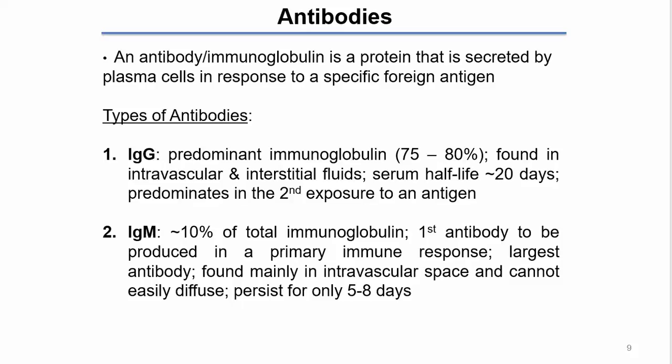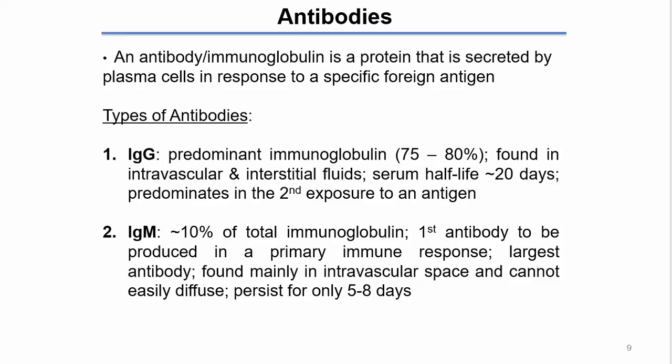So we're now going to look at the different antibodies. So IgG is the predominant immunoglobulin in your blood right now, over 75% is IgG. It is the one that predominates on the secondary response.